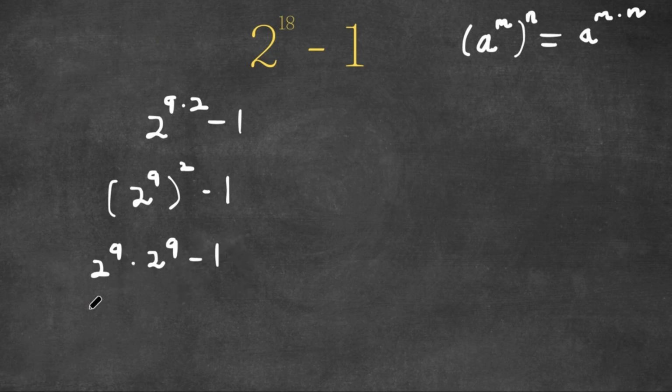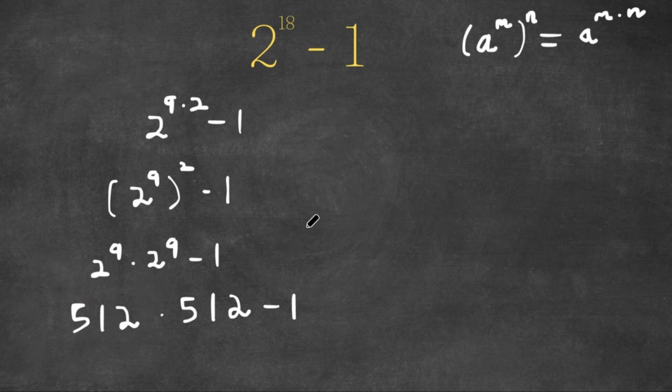Now, 2 to the power of 9 is equal to 512. You guys should know that because you should memorize your powers of 2. So now we have 512 times 512 minus 1.